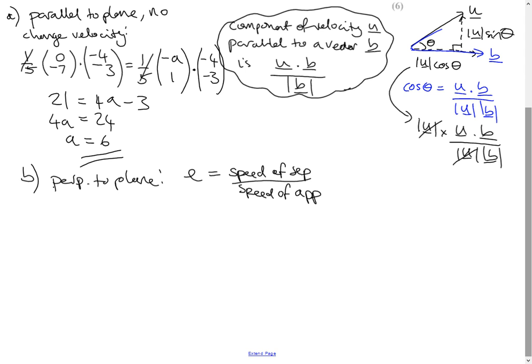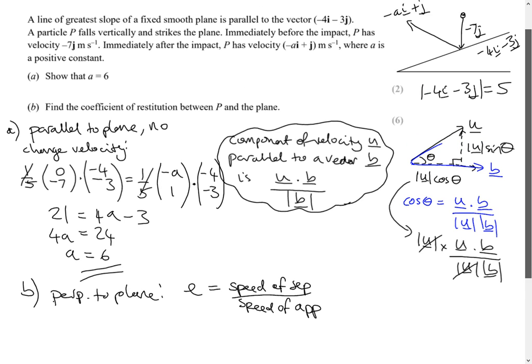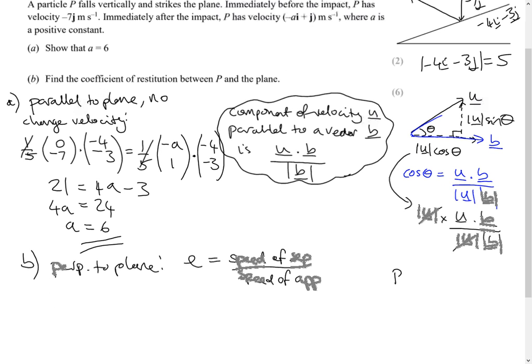Right, so what do we need to do? Well, first of all, we need to find a vector which is perpendicular to the plane. And you might be able to do this in your head, but what I've got is the plane is parallel to -4i - 3j.